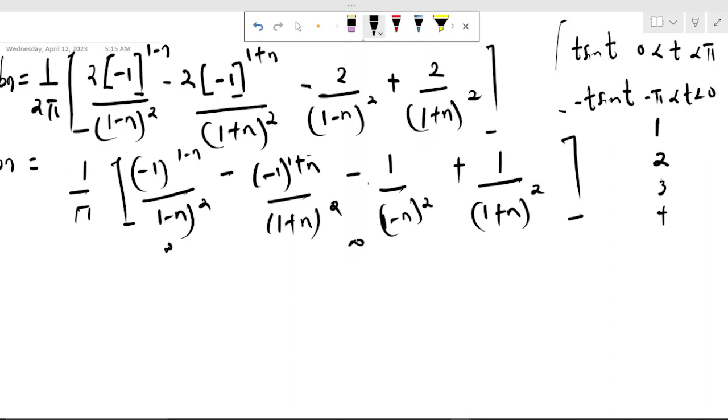So when n equal to 1, what do we have? Our b1 will be 1 over pi. So let's work through this together. We have 1, making this 1 minus 1, making this 0, making this 1.